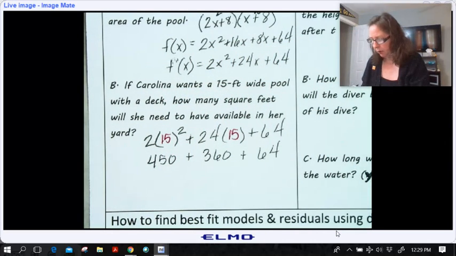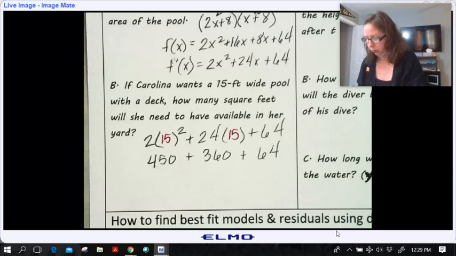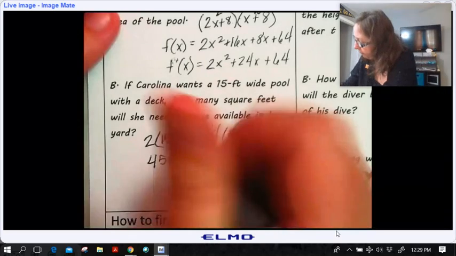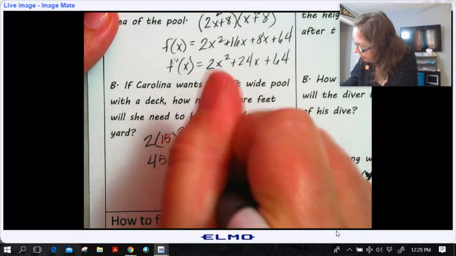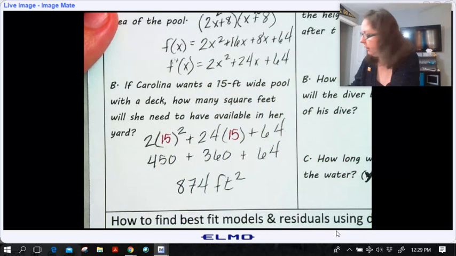So 450 plus 360 plus 64. No, I'm sorry, I get 874. 874 square feet is what she will need to have available.